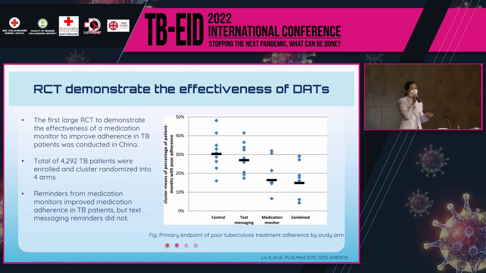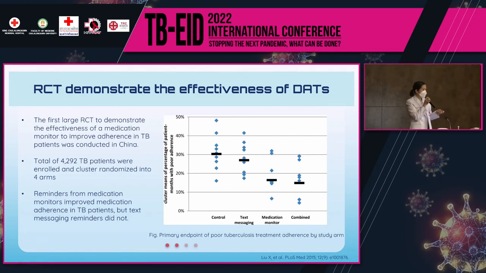One arm got two SMS per day, and another got a medication monitor. This monitor reminds the patient of the time they have to take the medication, and if the patient didn't open the box, it reminds them again.